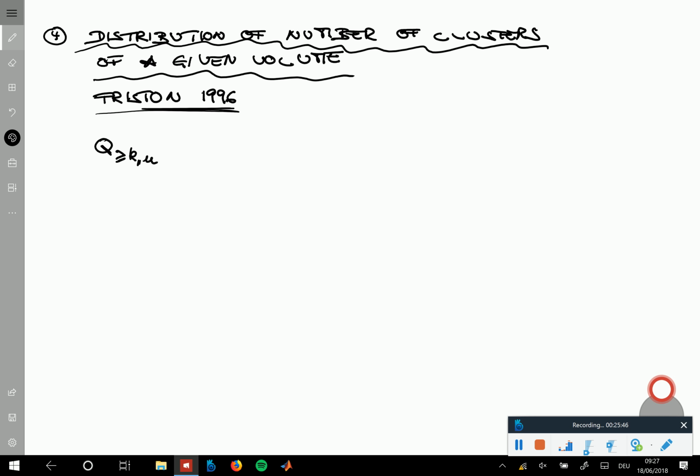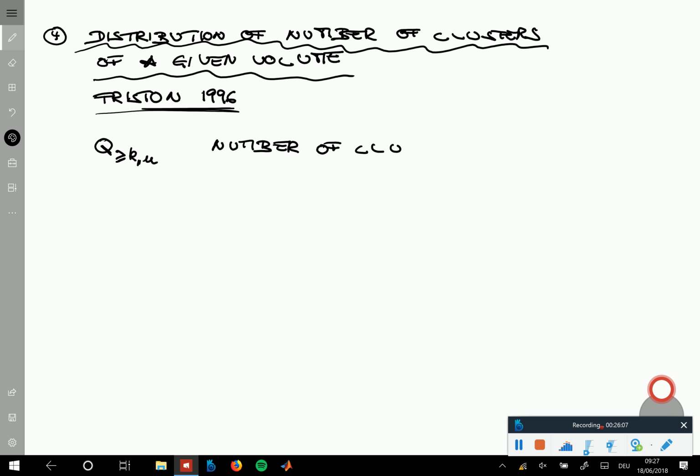The larger than K is really important. This U is just there because it's always there, and I also wanted to have it here. So what does this random variable describe? It's a random variable that models something, and it models the number of clusters.